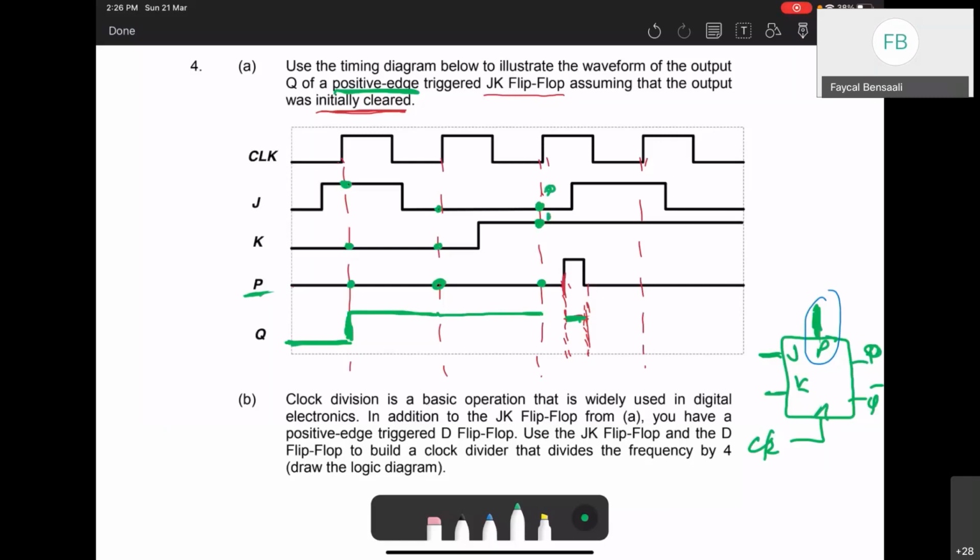It's a clear or a reset, so it goes to 0. And then at this time, we have a preset. I don't need to leave this until the next rising edge because I have a preset of 1 in between. So it goes to 1 here at this time. It stays 1 as long as preset is 1.